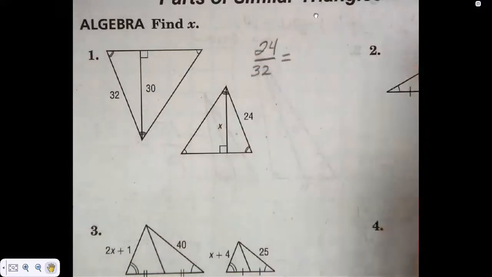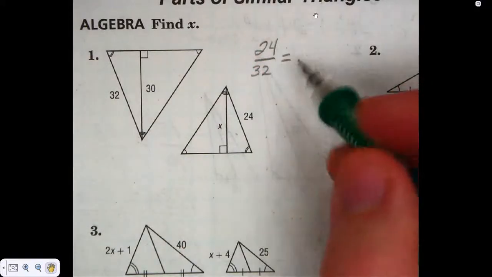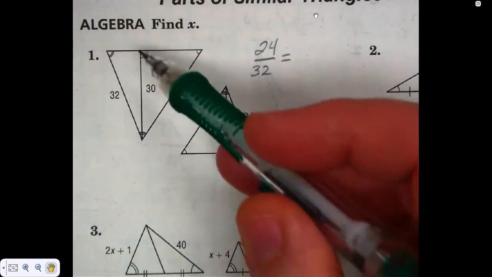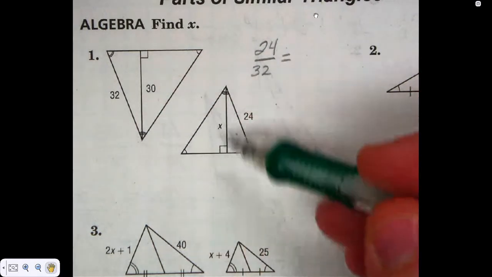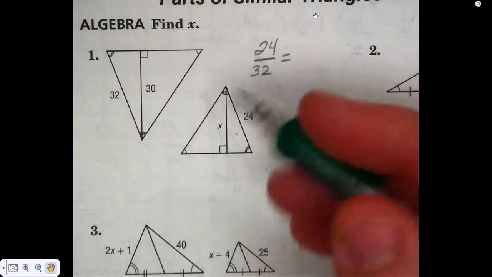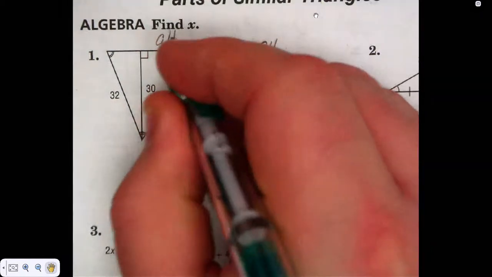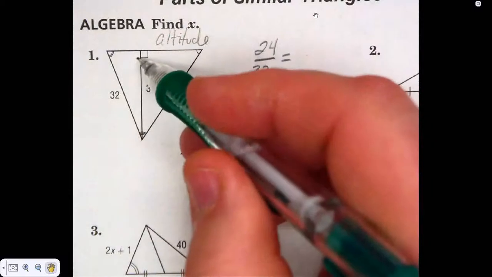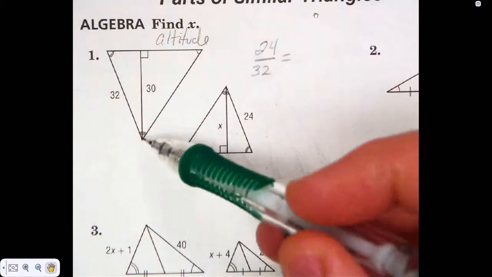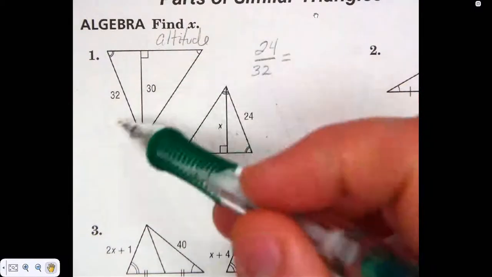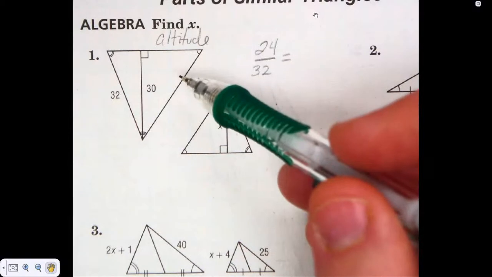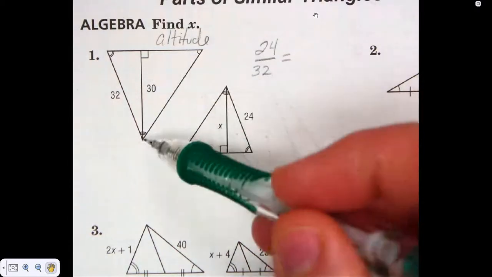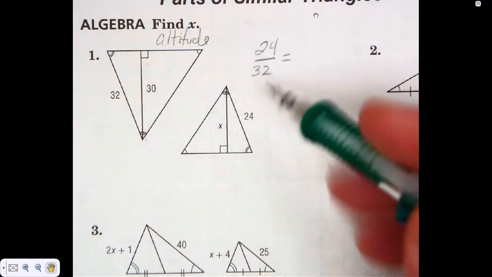Now, for me to write a proportion here, I need another ratio that's equal to that. What is this segment called here? It's called an altitude. And what did we say in our blanket statement? That the corresponding altitudes, and what I mean by corresponding is, see how this altitude corresponds, because there are 3 different altitudes I can draw for every triangle, aren't there? But this is the altitude that comes from this corresponding angle, so they correspond to each other.